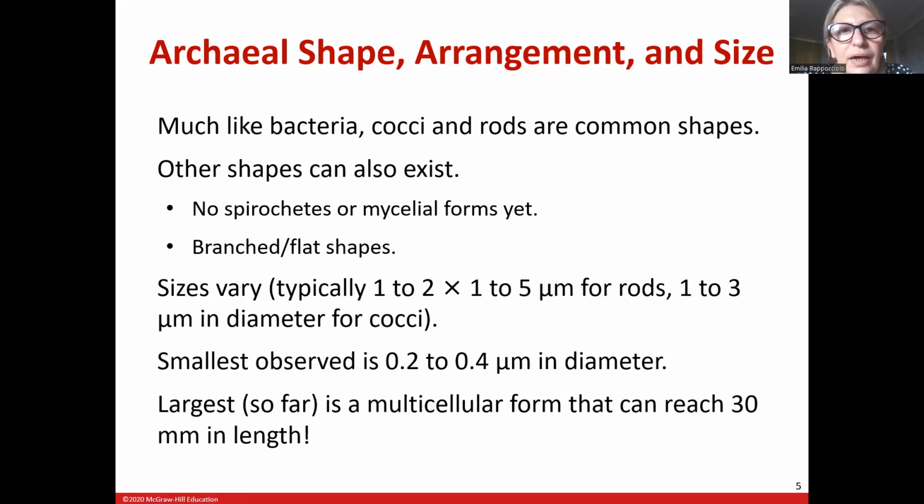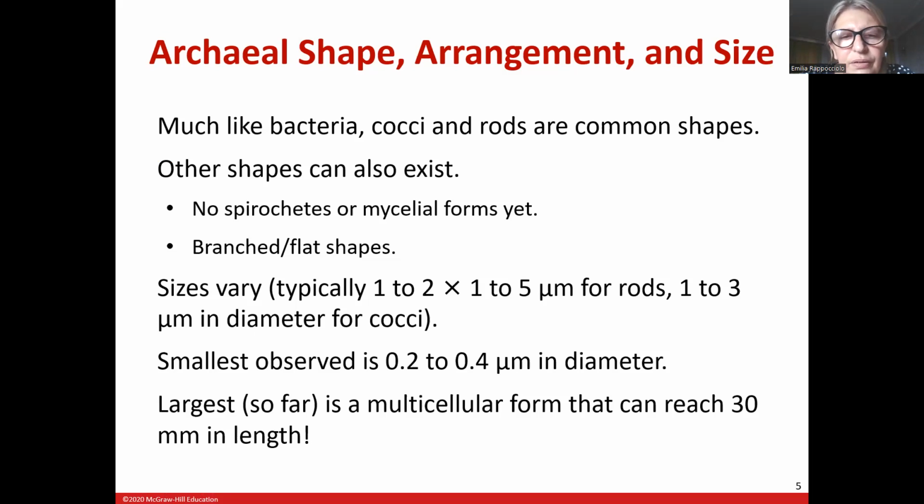And they had a square shape, which is not something that is quite common in nature. So far, we haven't isolated spirochetes or mycelia. They can be branched and they can be flat, like the square shape.